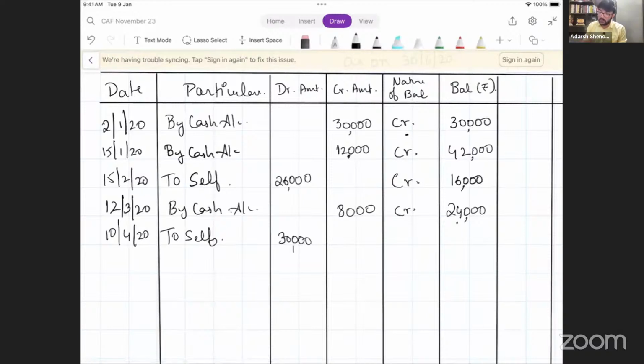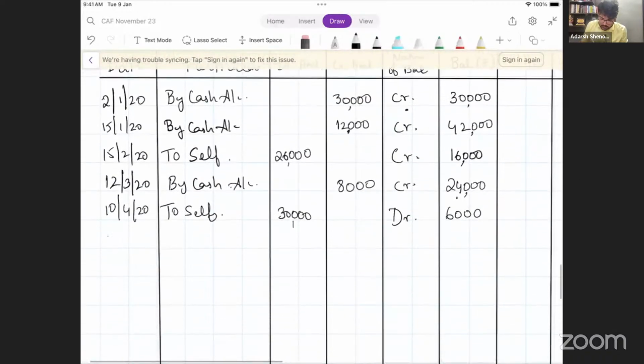Now I'm debiting 30,000. So which is more, debit or credit? The debit is more, right? So the balance will be debit, and how much will it be? It will be 6,000. You just have to compare it. 30,000 debit, 24,000 credit, so 6,000 is the balance, debit balance. Have you all understood how I'm writing it?